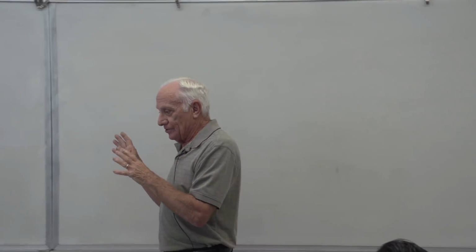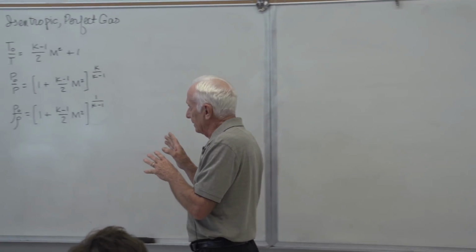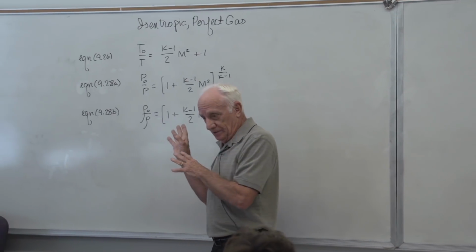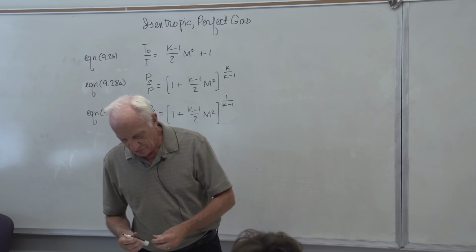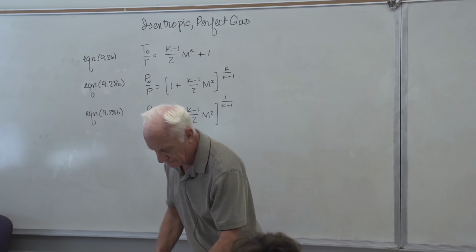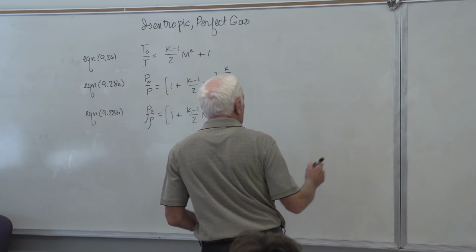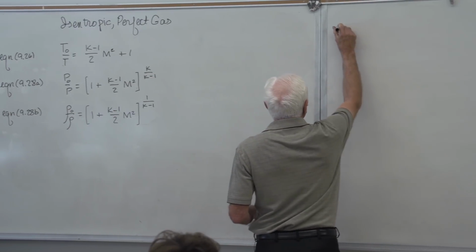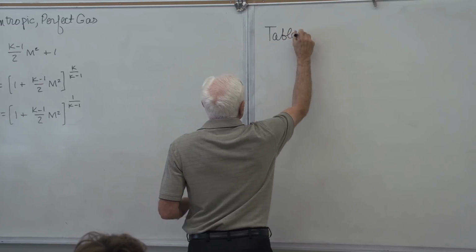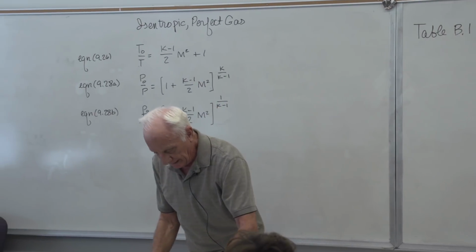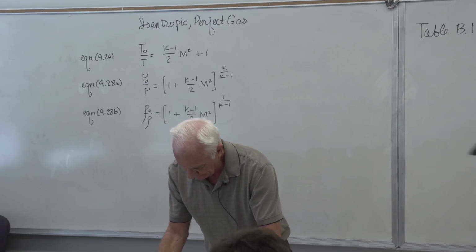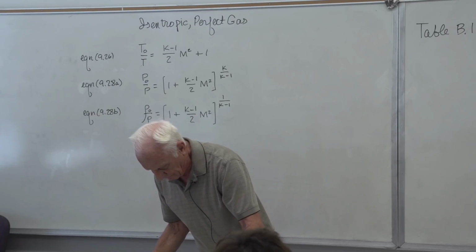And you've got a choice. Either you can use the equations, or if you'd rather, you can go to table B1. I'll put that over here, table B1, back of the book, okay? And that table gives the following.